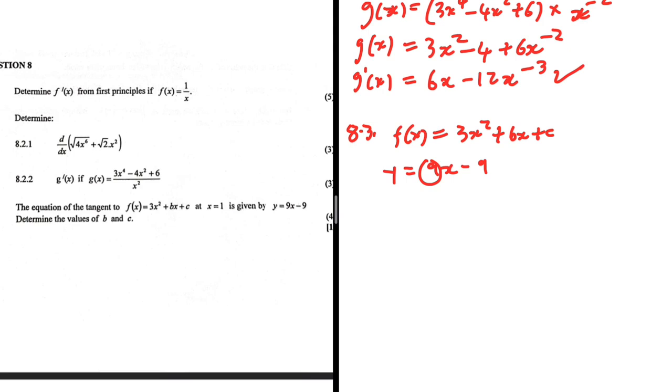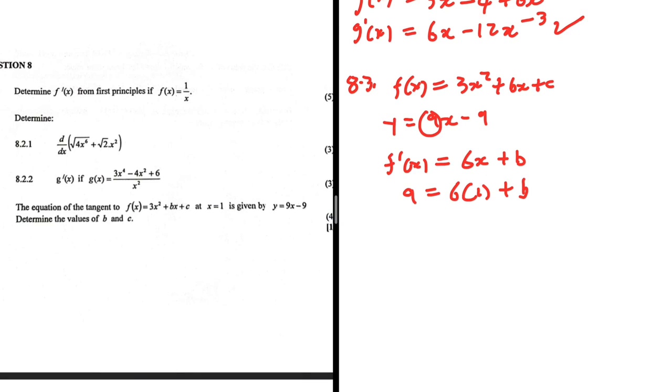So if we go ahead and do that, f prime of x will be equal to 6x plus b. c is a constant, so it's gone. The gradient of a constant is 0. So there we go. And then at x equals 1, the gradient is 9. So the gradient is 9 when x equals 1.